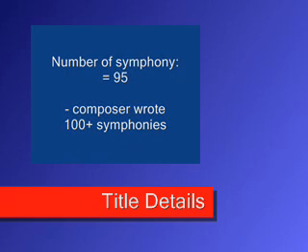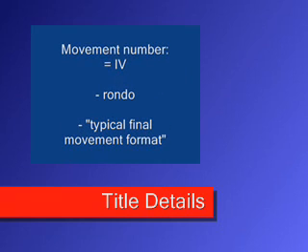The number of this symphony, Symphony Number 95 of the composer's output, is very easy to identify with one of the 3 composers in this unit, the only composer in this unit who wrote 100 plus symphonies, Franz Joseph Haydn. This is the 4th and final movement of the symphony, and it just happens to be a rondo format movement.